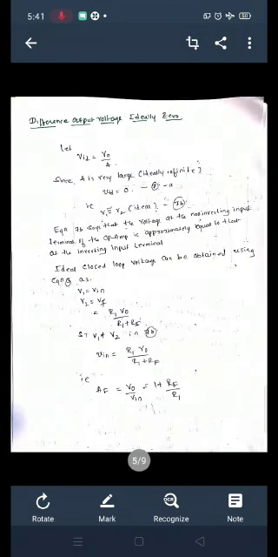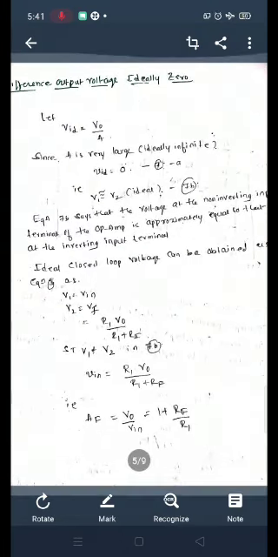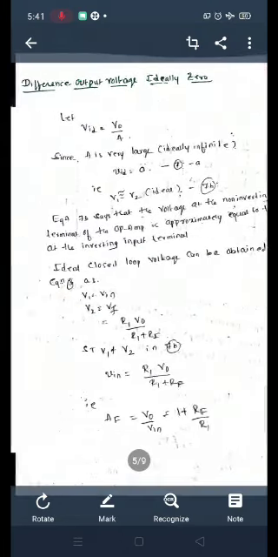Now next we will find the differential output voltage. Ideally the differential input voltage is 0, but you know that the differential input voltage can be represented by the output voltage divided by the gain.